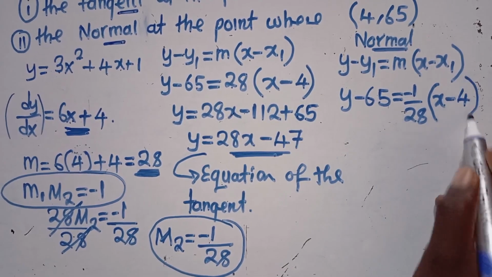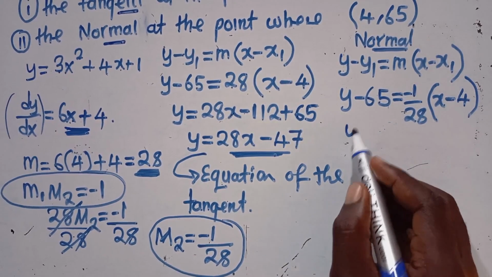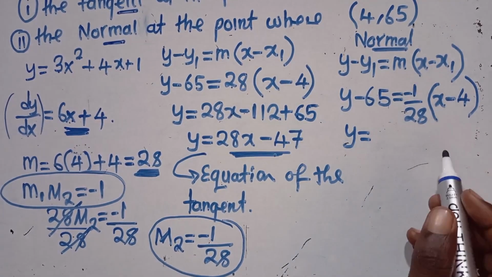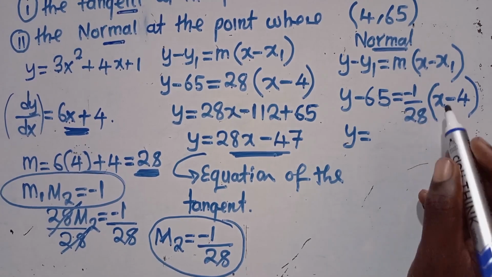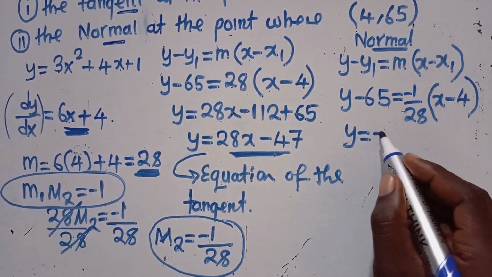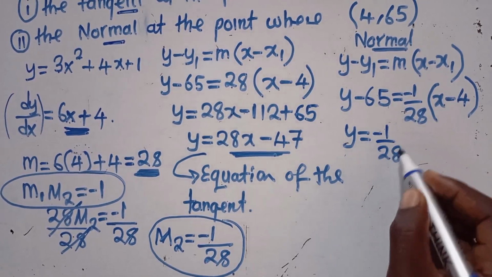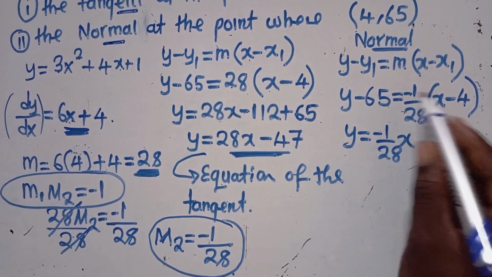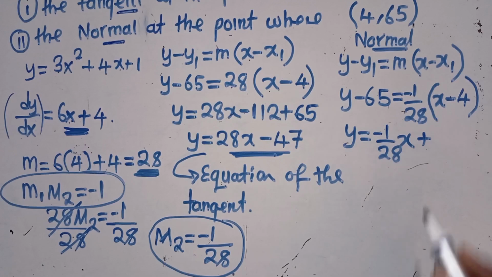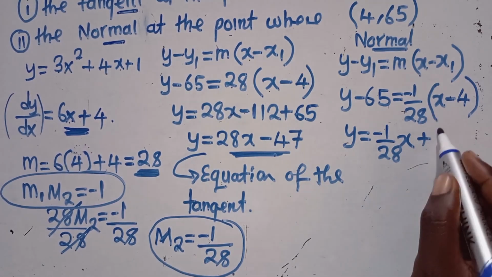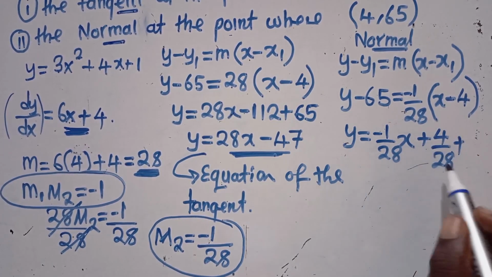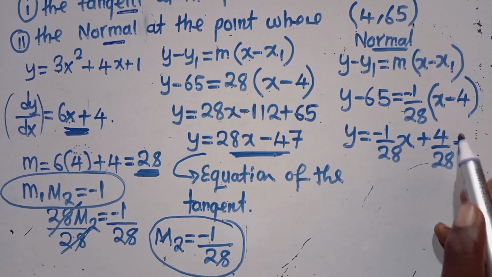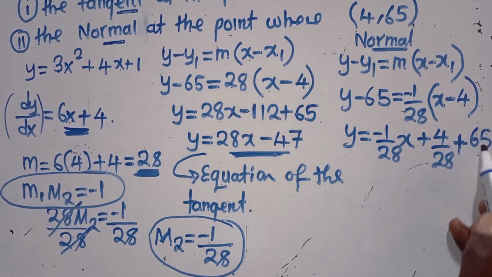This is what I'm going to do. So this is y is equal to, this one goes to the other side of the equation. Negative 1 over 28, I'm going to get what? Negative 1 over 28 multiplied by x. Negative 1 times negative 4 becomes a positive. I know that here I'm going to have 4 over 28, plus this one that has come this side, plus 65, like this.